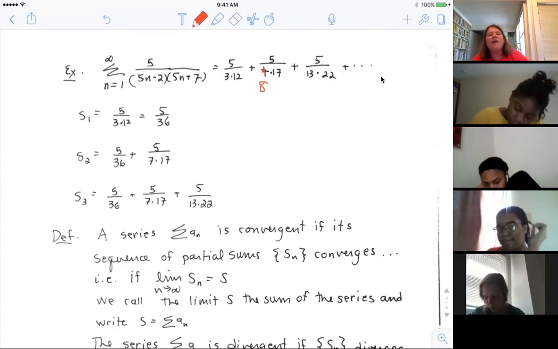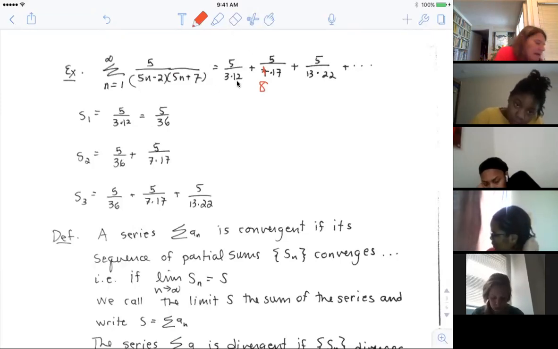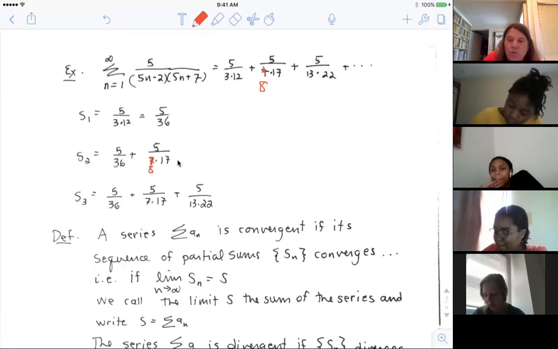Now, here's how I look at the sequence of partial sums. S1 is just the first one. S2 is the first 2. S3 is the first 3. S4 will be the first 4.